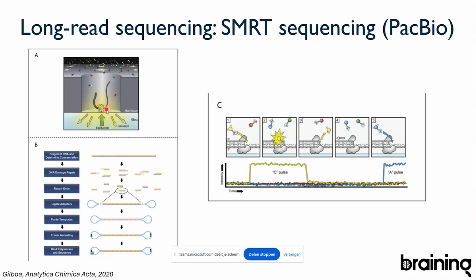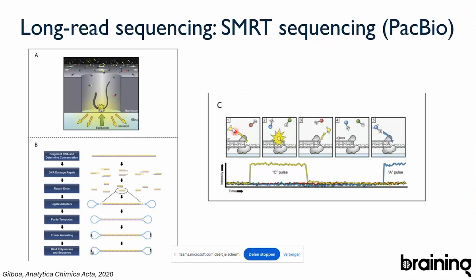So how does the readout work? The readout works very similar to Illumina or to fluorescently based Sanger sequencing. Every time a nucleotide is incorporated, a laser excites the nucleotide, which is fluorescently labeled, and the emission is detected. That's the way you have the fluorescence readout.